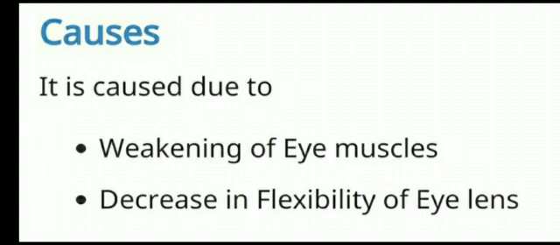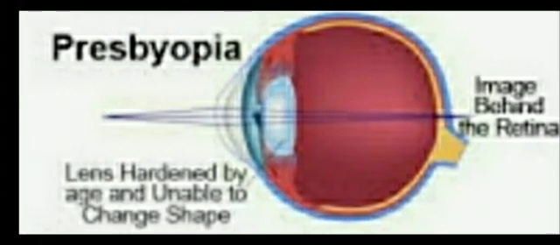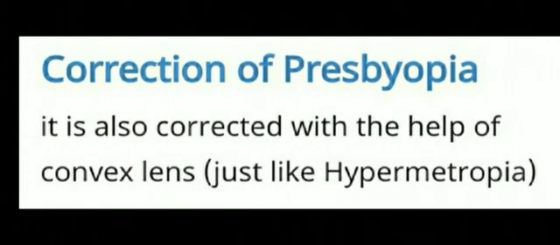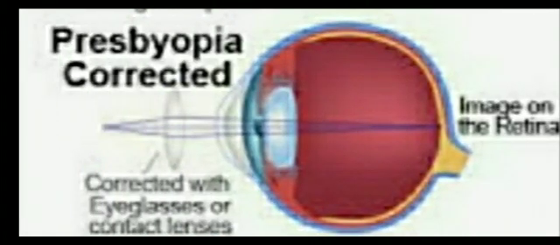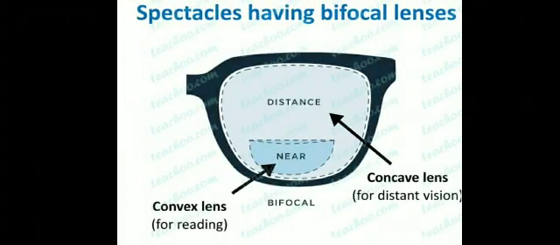Flexibility of the eye lens is decreased in this defect. So for correction of this defect, bifocal lenses are used by old age people, in which concave lens is used in the upper part to see distant objects and convex lens is used in the lower part of the spectacles to see nearby objects.